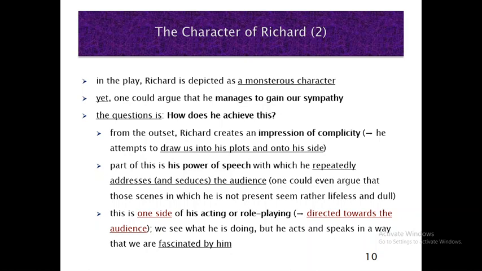And this, I would say, is one aspect of his acting or role-playing. As I said, this is directed towards the audience. We see what he's doing, but he acts and speaks in a way that we are fascinated by him.